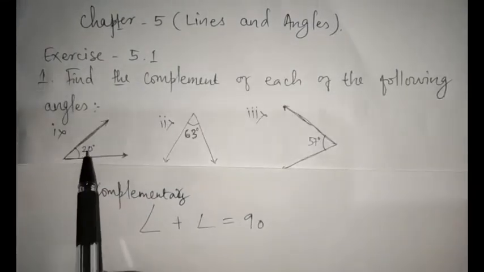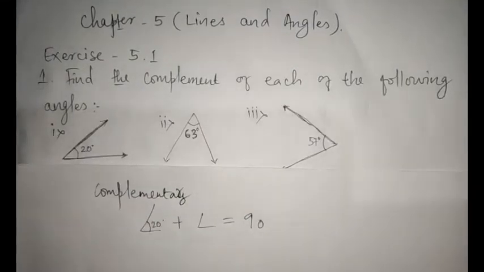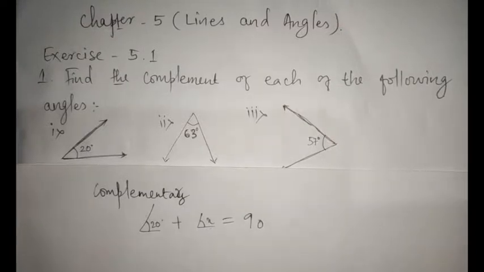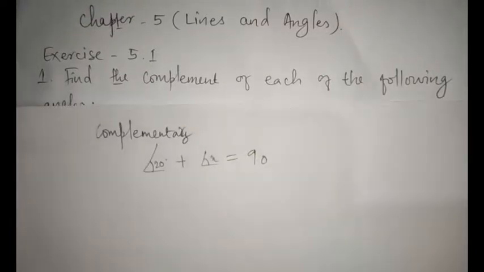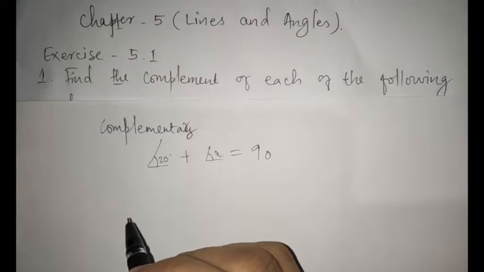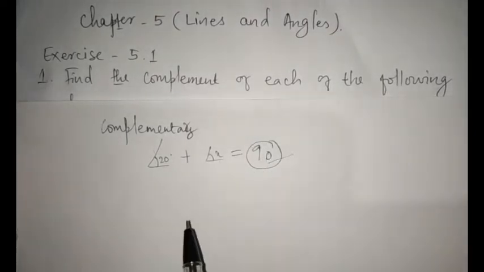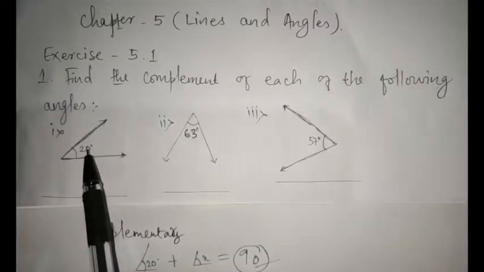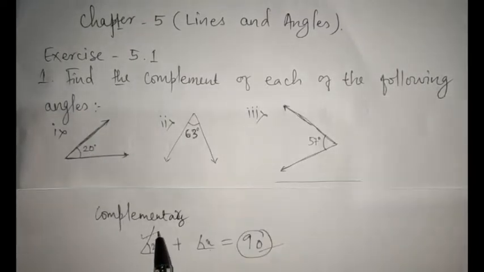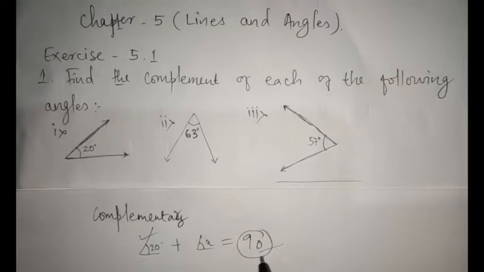One angle is 20 degrees, and the other angle you don't know. Let the other angle be x. In the question it is given that your angle is 20 degrees. What should be the other angle which will make 90 degrees?